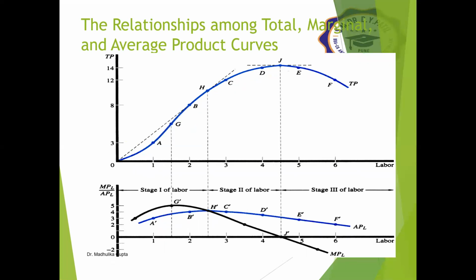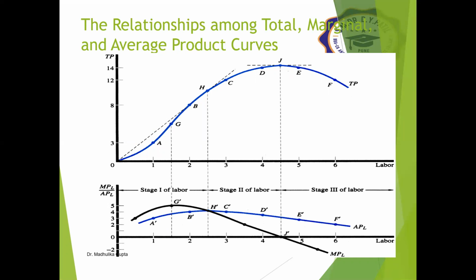Understand? Now let's understand the relationship between total, marginal, and average product curves. Observe the table and just write what you can see here. With the increase in the variable input, initially as the number of laborers is increased, the TP goes on increasing.